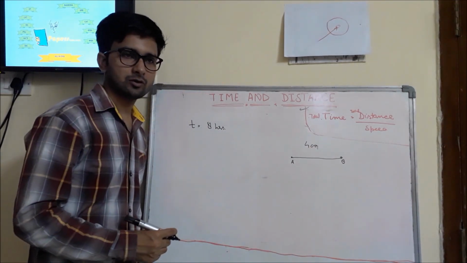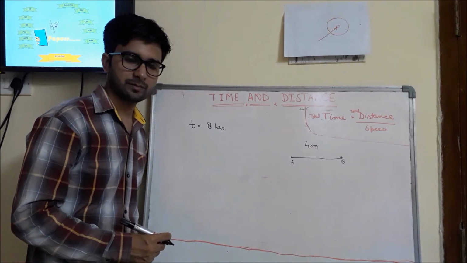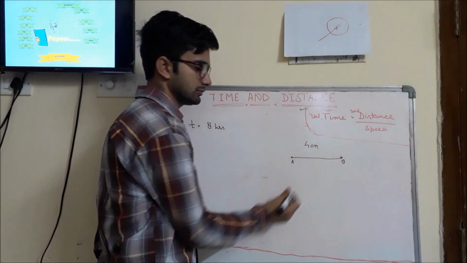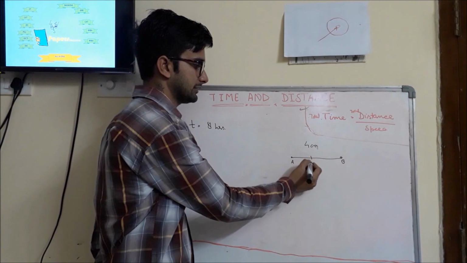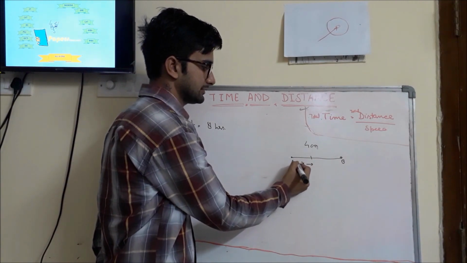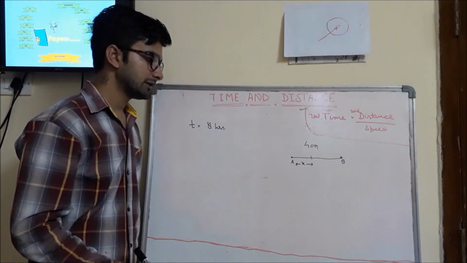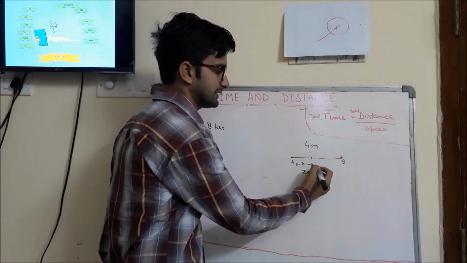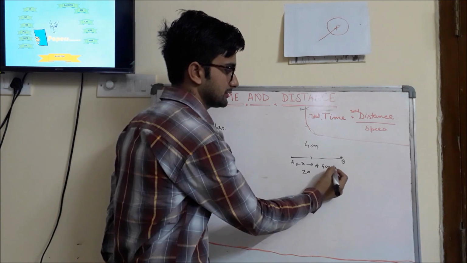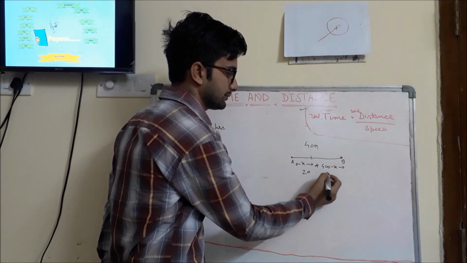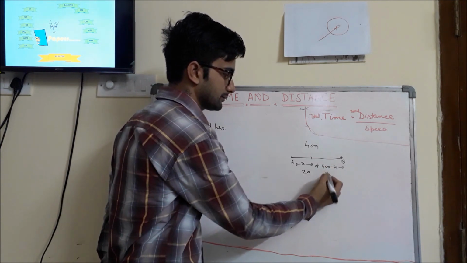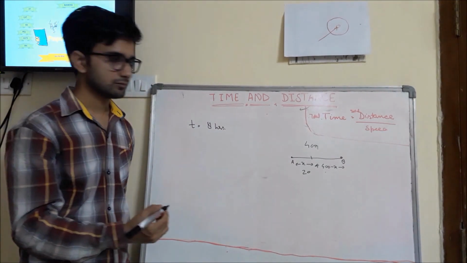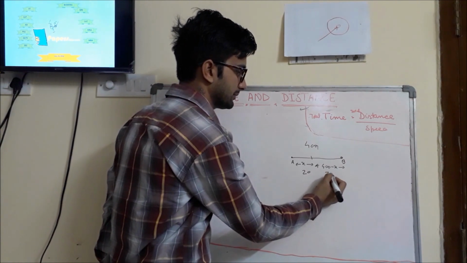We need to find out how much time he took traveling by 20 kilometer per hour. So let's say that he traveled x distance with 20 kilometer per hour, and the rest, 400 minus x, with 70 kilometer per hour.